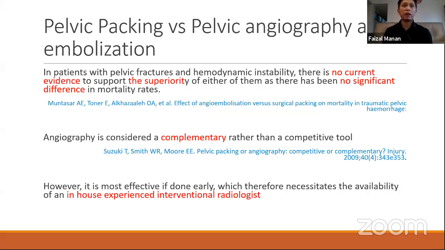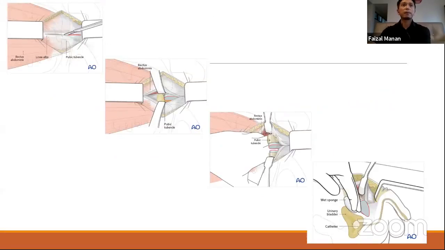However, it is most effective if done early, which therefore necessitates the availability of in-house experienced intervention radiologists. Sungai Buloh is very lucky to have intervention radiologists such as Dr. Arvind to help out with embolization and a few procedures which are quite technically challenging. And for them to provide the service around the clock, they should. We are thankful for that because it does help a lot, and patients' lives can be saved as well.